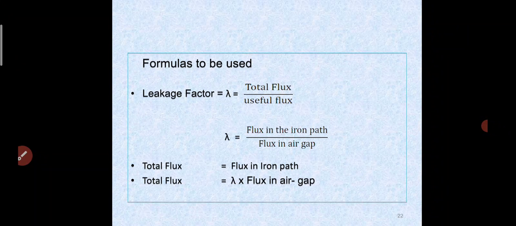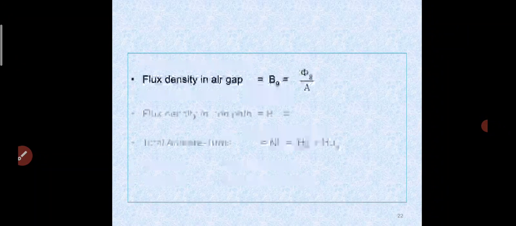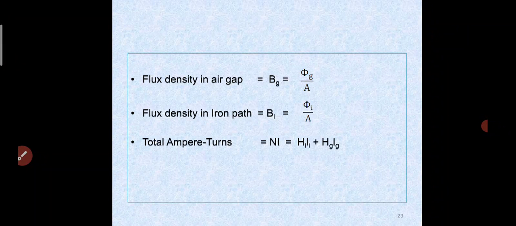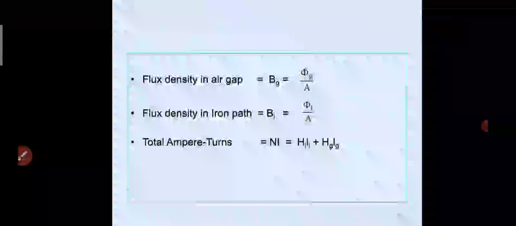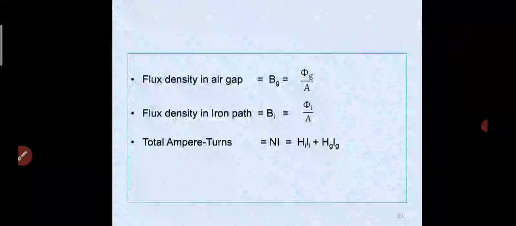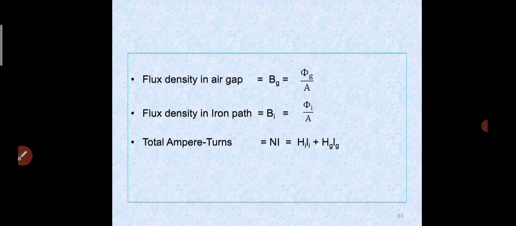Total flux is equal to leakage factor into flux in air gap. And next, flux density in air gap Bg is equal to phi g by A, and flux density in iron path Bi is equal to phi i by A.